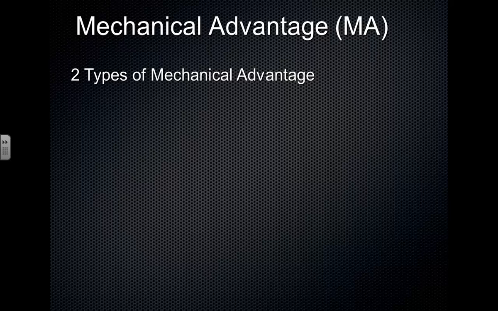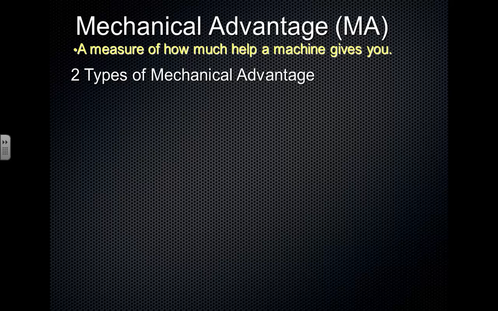Okay. And there's two types that you're going to have to understand and calculate. They're called ideal mechanical advantage and actual mechanical advantage. Okay, so mechanical advantage is a measure of how much help the machine gives you.